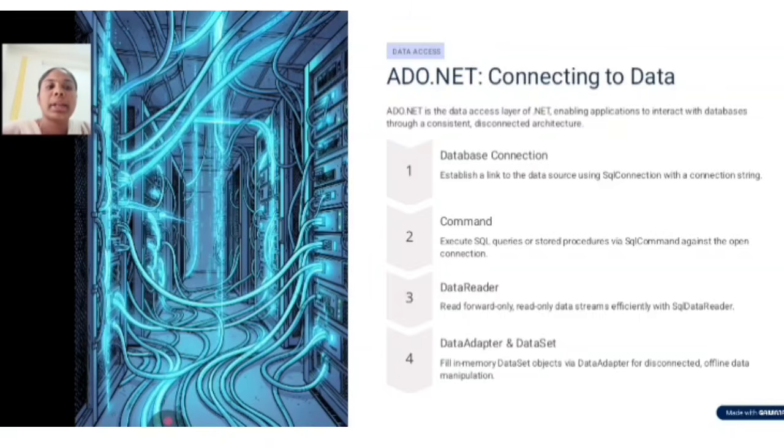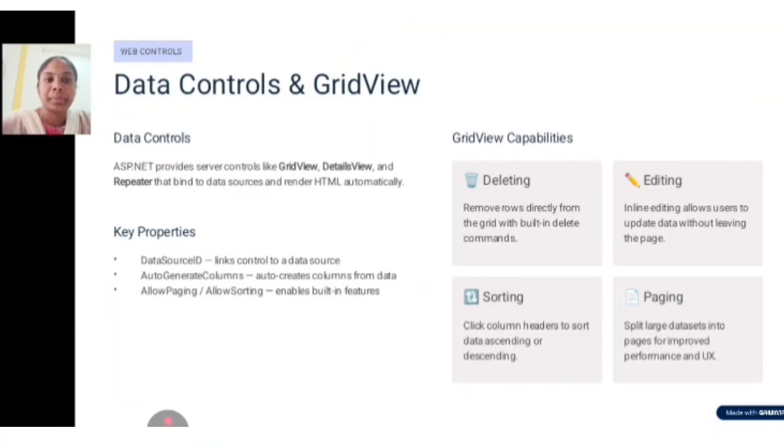Command executes SQL queries or stored procedures via SqlCommand against the open connection. DataReader: read-only data streams efficiently with SqlDataReader. DataAdapter and DataSet: fill in-memory DataSet objects via DataAdapter for disconnected offline data manipulation.